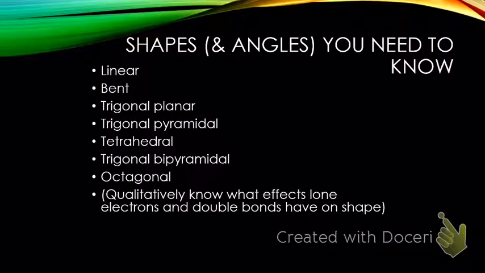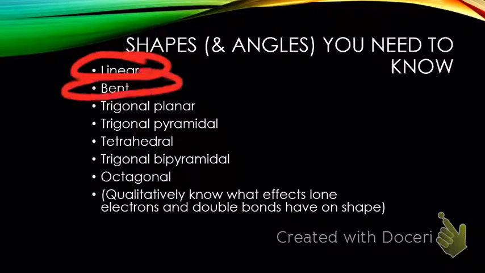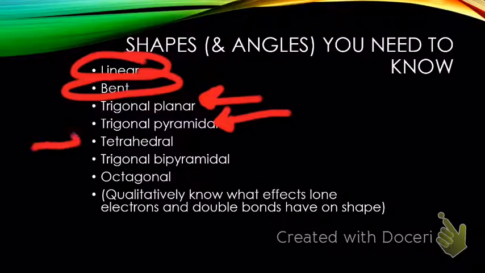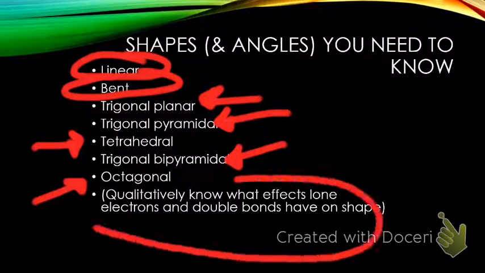So the shapes and angles that you need to know, and just make sure that you can understand what happens whenever there's lone pair electrons, are linear, bent, trigonal planar, which has the ideal angle of 120, trigonal pyramidal, tetrahedral, which has the ideal angle of 109.5, trigonal bipyramidal, and octahedral. And once again, qualitatively know what effects lone pair electrons and double bonds have on the shape of the molecule.